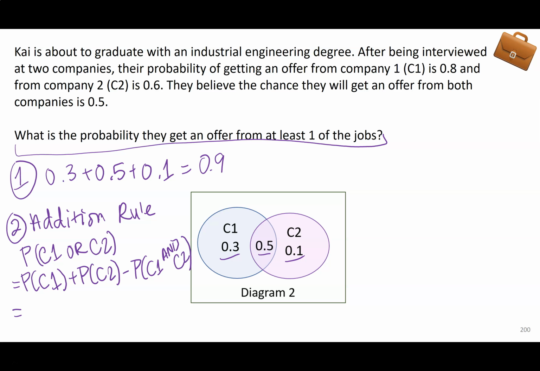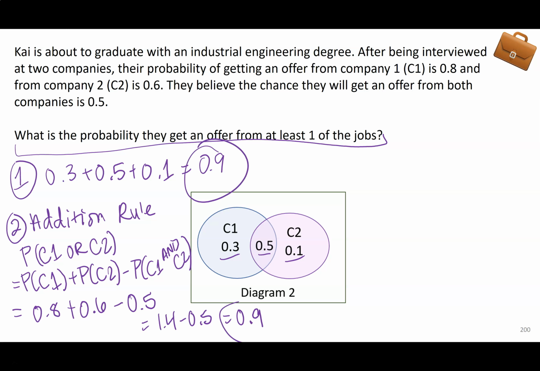So that's the probability company 1, that was 0.8, plus the probability company 2 is 0.6, minus the probability of both is 0.5. So I'll get 1.4 minus 0.5, 0.9. So either way, they should take me to the same spot. The probability he gets an offer from at least one of the two is 90%.